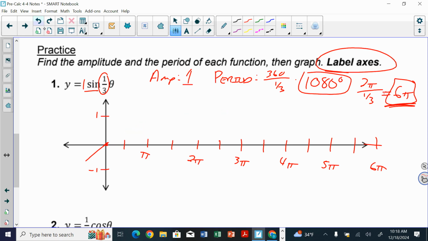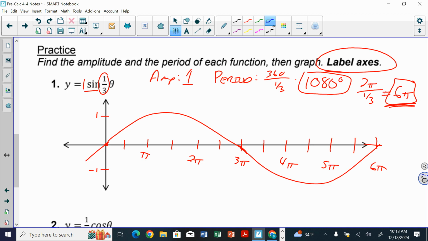It's going to go up here, and then it's going to start to curve down, and then it's going to come back through 3 pi, because I'm just thinking about those degrees, and it's going to work its way back and eventually come back up through at 6 pi. Okay? So it really stretched out that original sine curve. Made it 6 pi long instead of 2 pi.